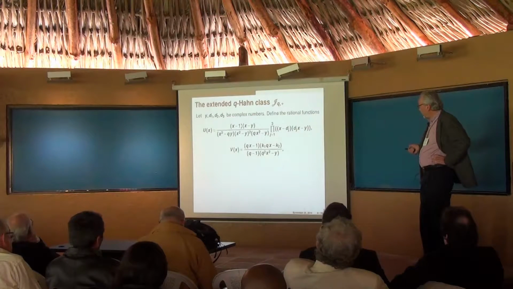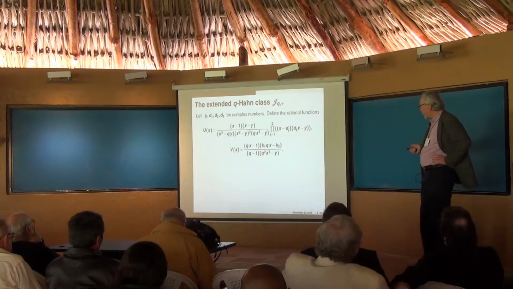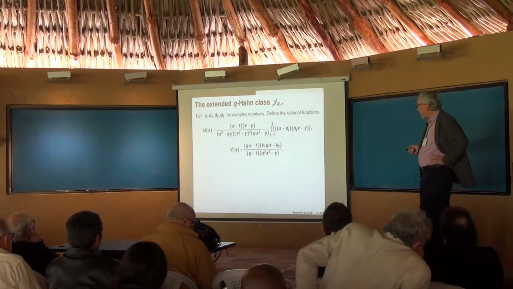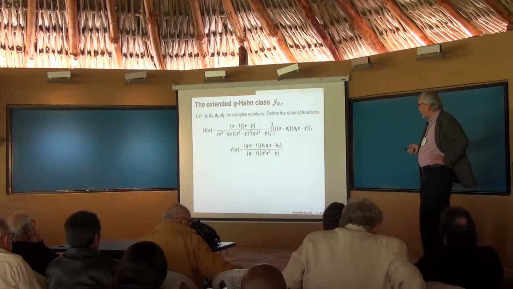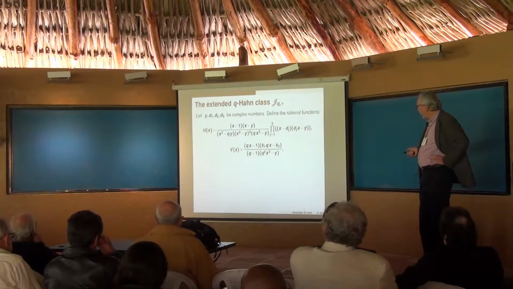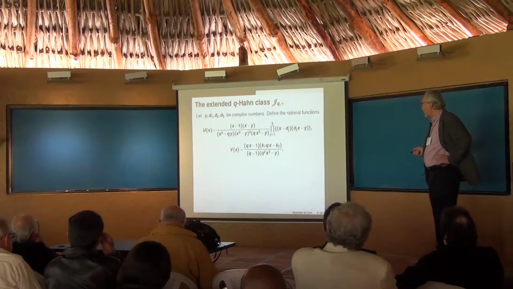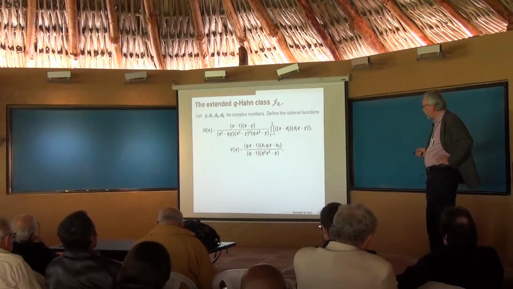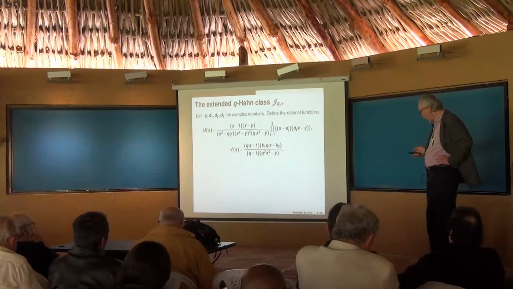The numerator is a polynomial of degree 8, and the denominator is also degree 8. And then I define another rational function, this one here. It's simple, it has degree 2 in numerator and denominator.